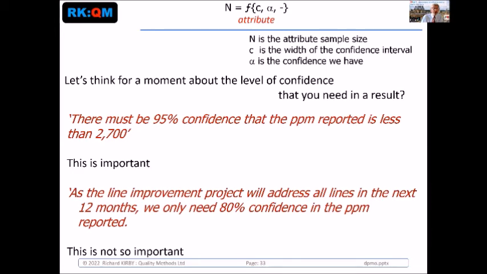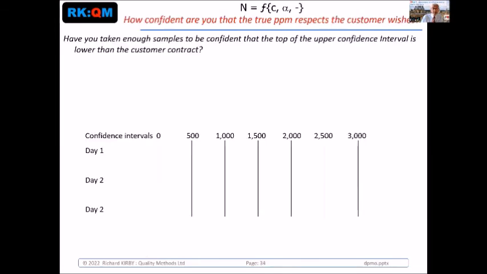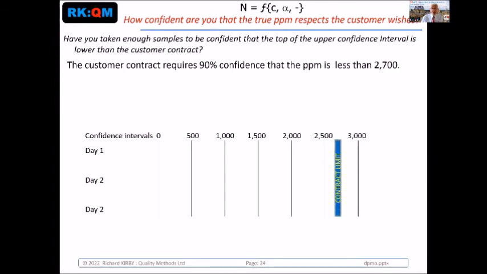The outcome is not too drastic. How confident are you that the true ppm respects the customer wishes? Have you taken enough samples to be confident that the top of the upper confidence interval is lower than the customer contract? Suppose that the customer contract requires 90% confidence that the true ppm is less than 2,700.